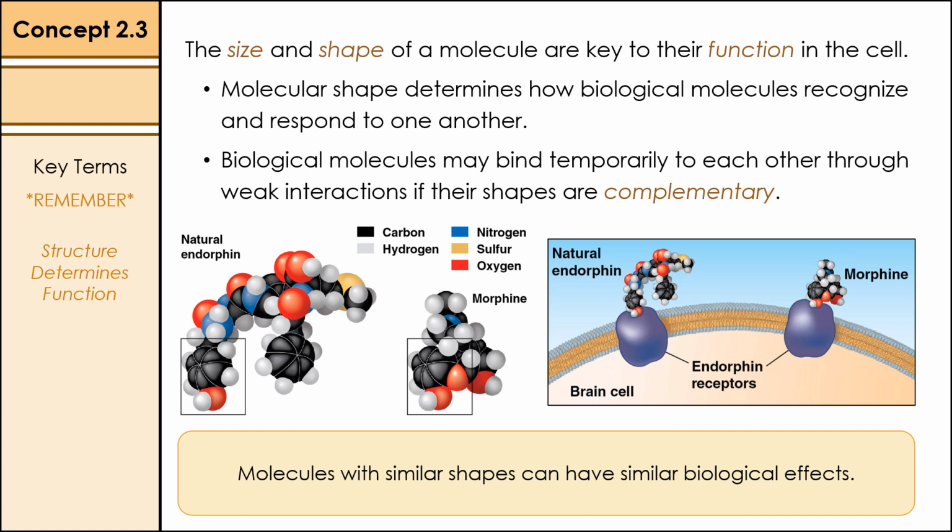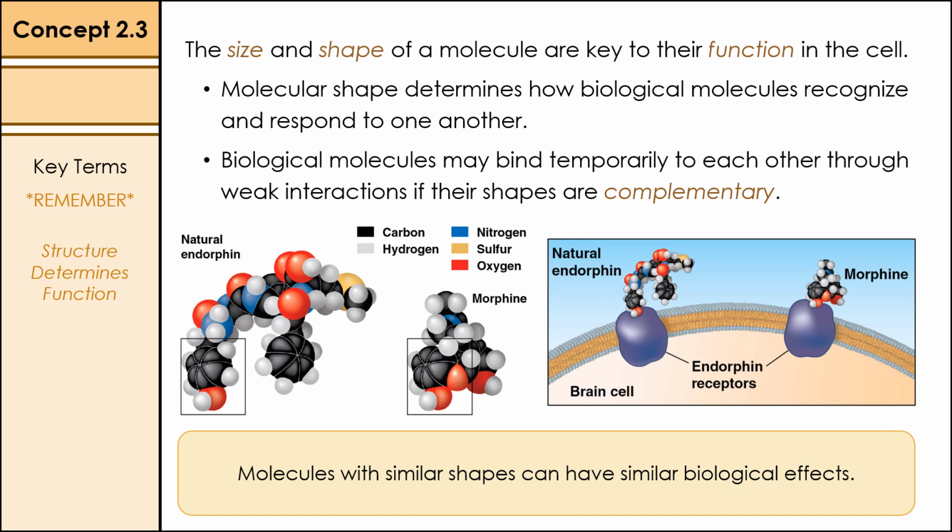But it's also important to note here that because structure is such an important piece of our functional anatomy, we're able to create things that mimic structures in order to get very similar effects. So you have here an example of a natural endorphin, and we can compare its structure to a lab-produced morphine.